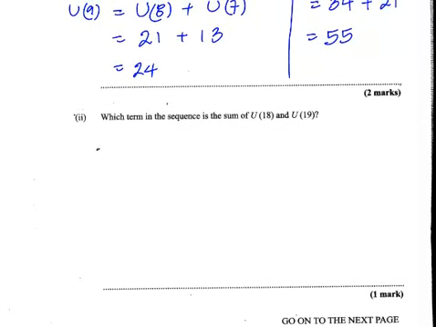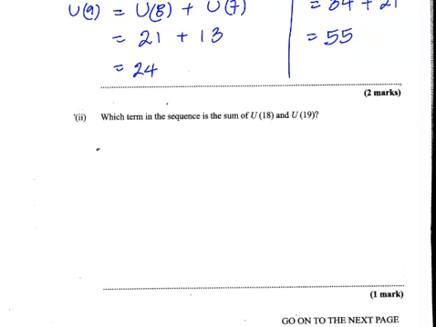So it says, what term in the sequence is the sum of the 18th and the 19th term?